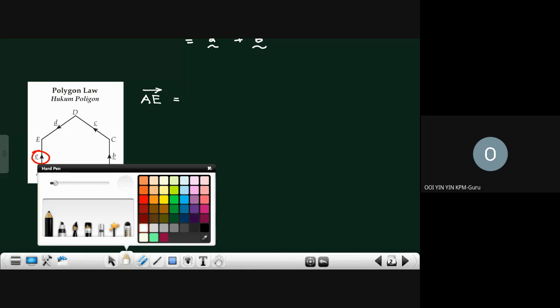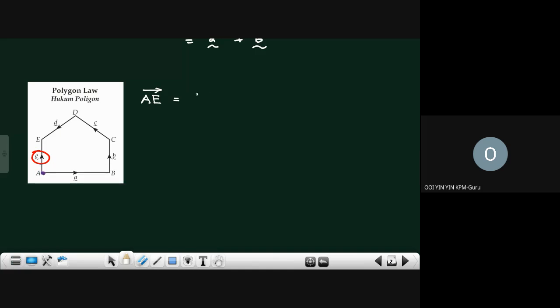And then here is how we write it: start with AB, and then plus BC, and then CD, and then DE. Yeah, so can you see that? You start with your A here, and then you end with the last alphabet E here.